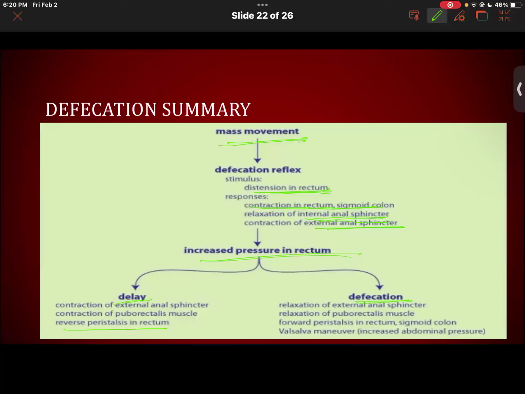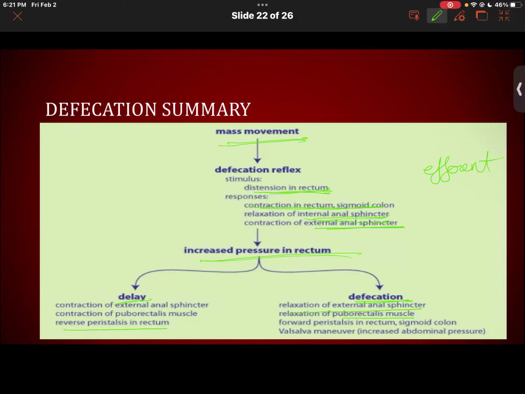But if we're in an ideal situation to defecate, it causes relaxation of the external anal sphincter, which is completely under your control. You send an efferent signal to the external anal sphincter and the puborectalis muscle through the pudendal nerve and the sacral nerves, respectively, which causes relaxation.